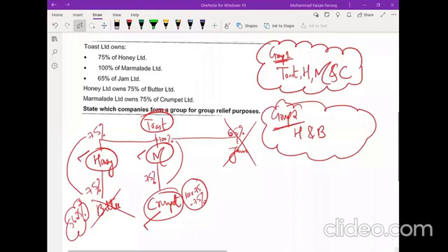Now we have learned how we can form a group. But there is a small question: for the creation of a group, is it necessary for the companies to be resident in the UK? The answer is no. Companies can form a group whether they are in the UK or not.